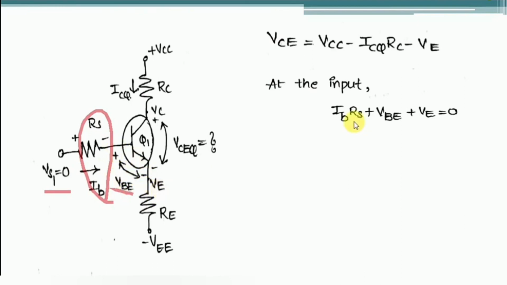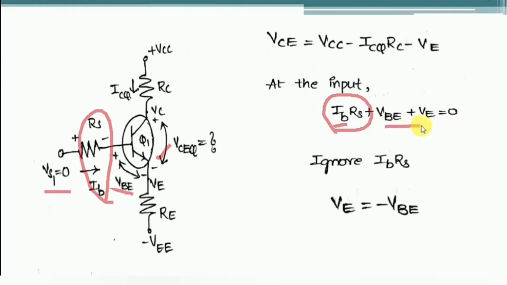Okay, now since the transistor gain is very much high, we can ignore the value of IB. So from this equation we can ignore the term IB into RS. So if you ignore IB into RS, we can write the VE as minus VBE. Okay, now we found the value of VE. Simply substitute the value of VE in this above equation.